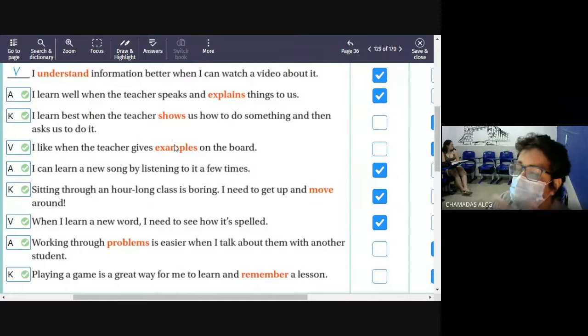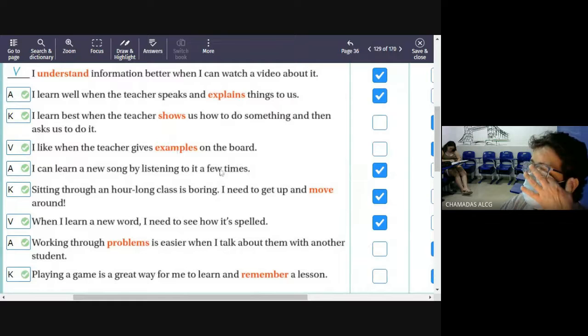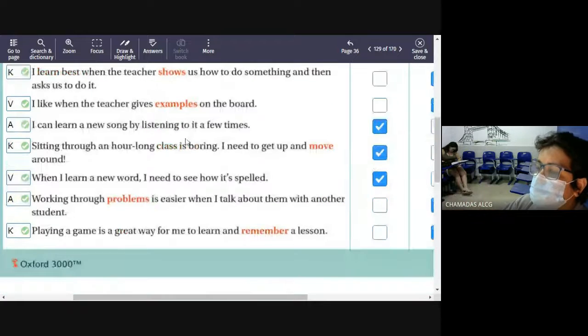But it depends on the moment. It depends on how we feel. It depends on many aspects. That's why the lessons we have, especially here at Oxford, we cater for the needs of all the 3 styles: auditory, kinesthetic, and also visual. Okay.